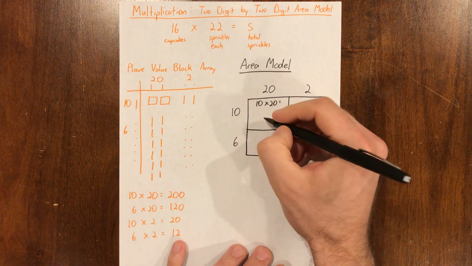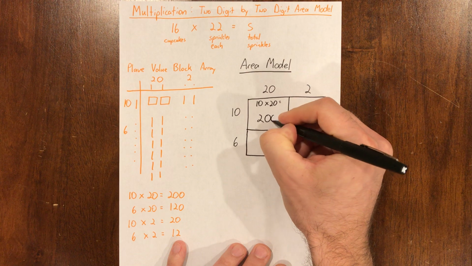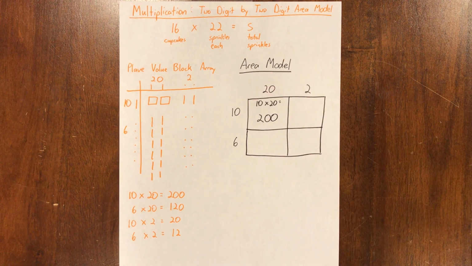Yeah, 10 times 20 is 200, right? The basic fact is 1 times 2, and then we have to think about our place value. Tens times tens is hundreds. So 1 ten times 2 tens is 2 hundreds, or 200.